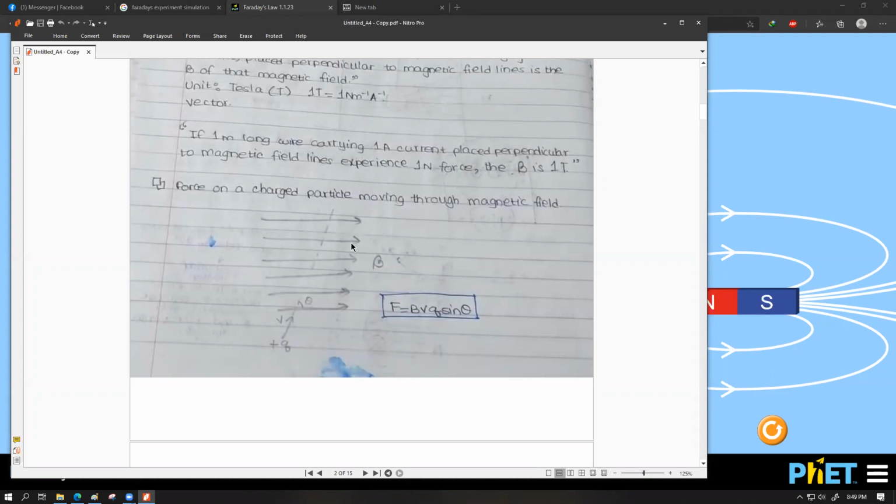Because of the force, the path of the charged particle will definitely deviate. This goes without saying, because that force is going to work on the movement. And one thing that is pretty interesting for you to understand is that magnetic force on a charged particle will always cause it to go in circular motion.